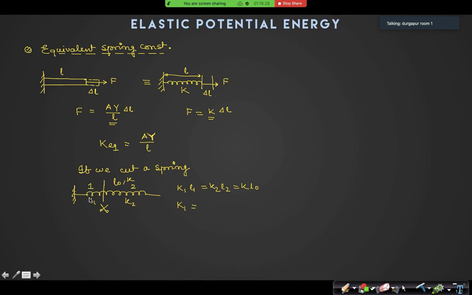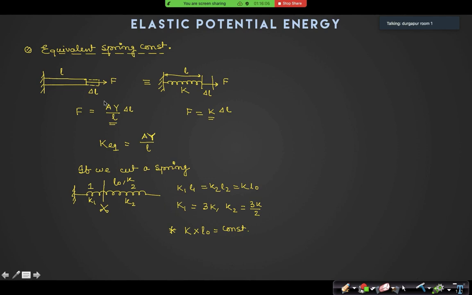L1 is L by 3, so K1 is 3K, and K2 is 3K by 2. So you know that spring constant into natural length is a constant. In that way we calculate the spring constant if we cut a spring.